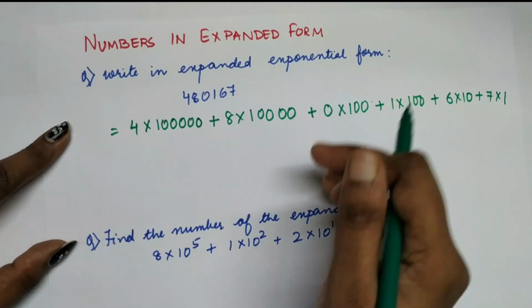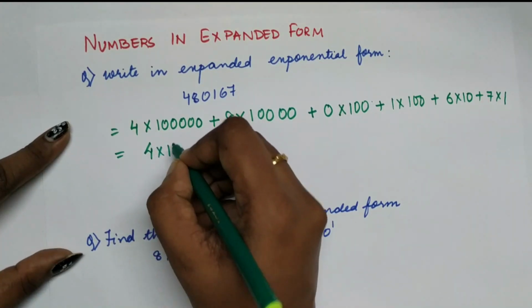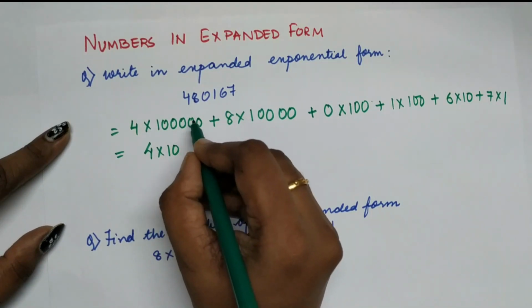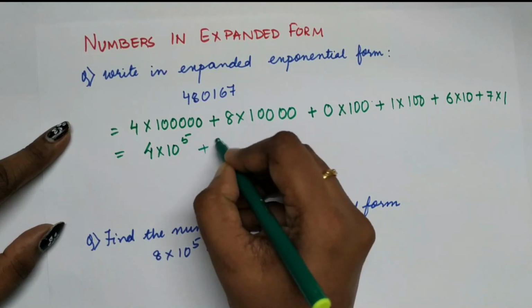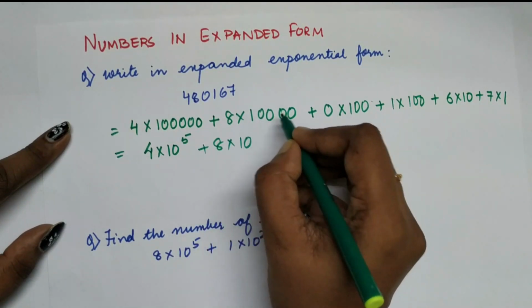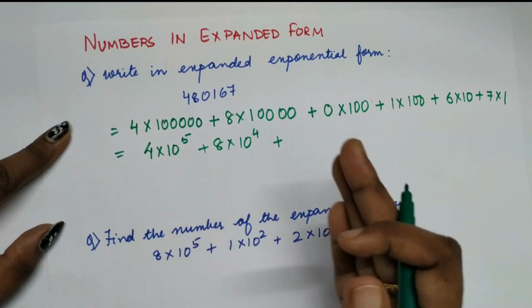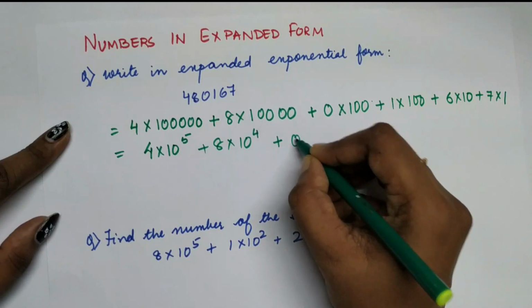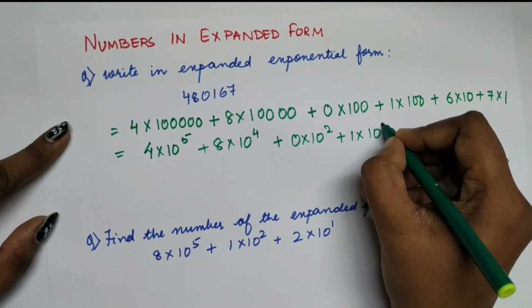Now this number we have to again convert into the exponential format. That's very easy. Just see how many zeros and raise the value of 10 to that power. So 1, 2, 3, 4, 5 zeros. So it is 10 to the power 5, plus 8 into 1, 2, 3, 4 zeros. So 10 to the power 4, because 10 into 10 into 10 into 10 is going to give us 10,000. 0 into 10 to the power 2 plus 1 into 10 to the power 1.